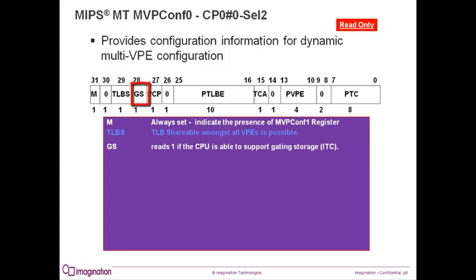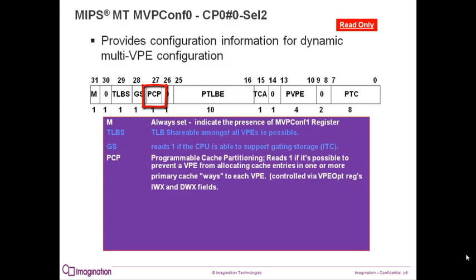The gating storage bit indicates that the processor is configured to support gating storage operations. This is set on reset based on the state of the IT-num entries inter-thread input pins. If the IT-num entries is greater than 0, this bit is set to 1.